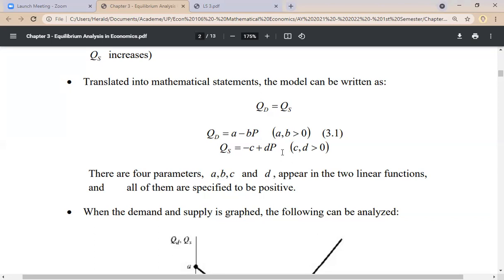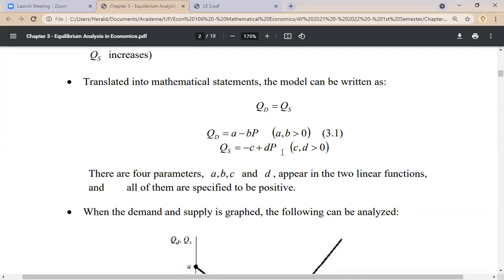So what does that tell us? The economic interpretation for that would be for every 1 unit increase in price, the quantity falls by b units.